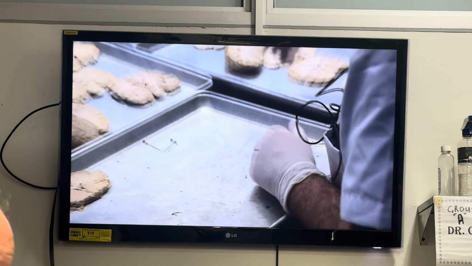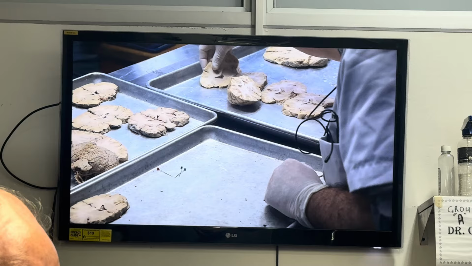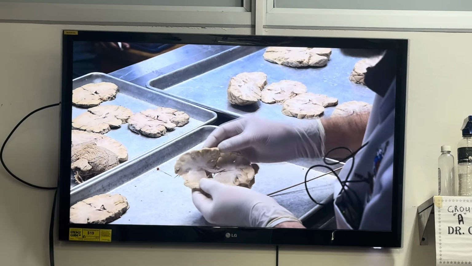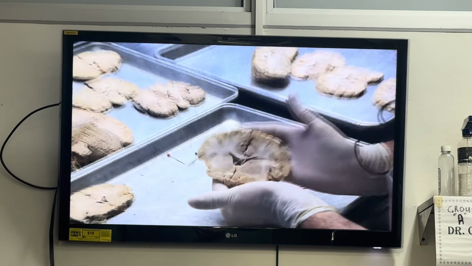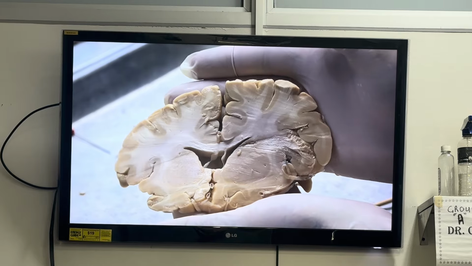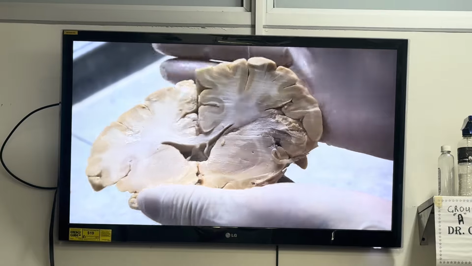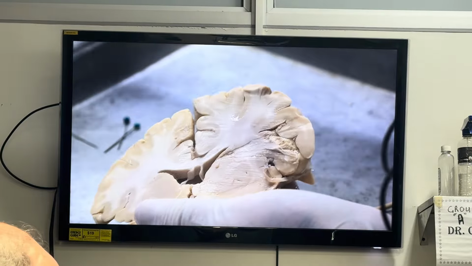So if we go a little bit, this one is more or less the same. So this is a striation. This section is a little bit more fresh.